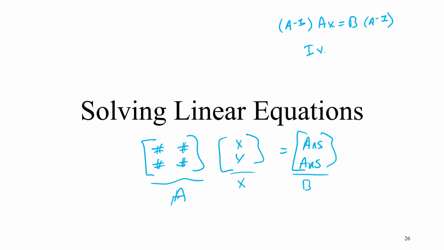You'd get I x is equal to the inverse of A times b, and x would equal A inverse times b. And so that's kind of what we're going to be doing with these ones. So let's look at an example.